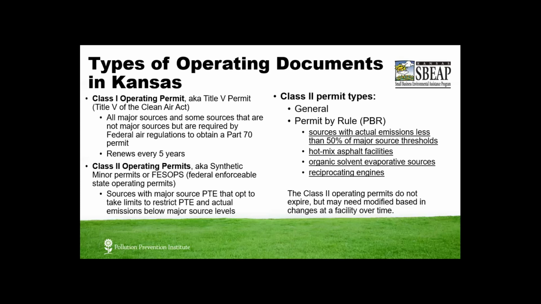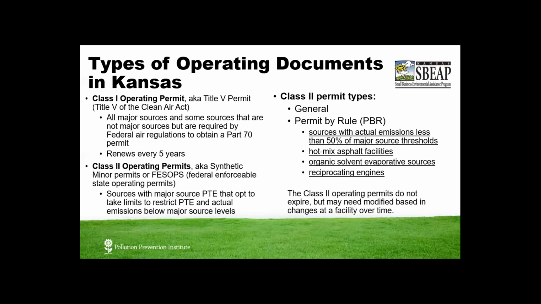In Kansas, for sources whose PTE and actual emissions are above major source threshold levels, or sources in the rare exception just discussed, the facility will need to obtain a Class 1 operating permit, also known as a Title V permit.